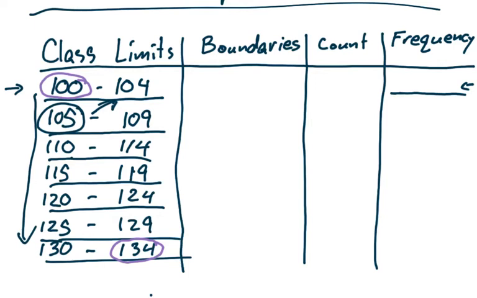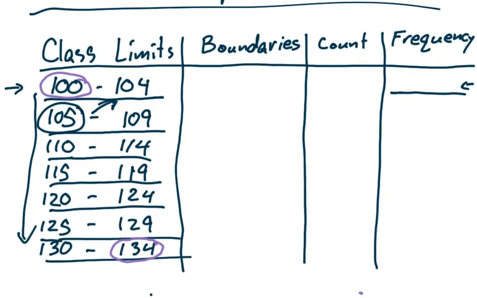So let's go over this, just because it's a little bit important. The boundaries for these classes are going to consist of the lower boundary for the lower limit, and then the upper boundary of the upper limit. That will tell us the actual ranges of data values for the buckets or the classes that they're going to fit into.